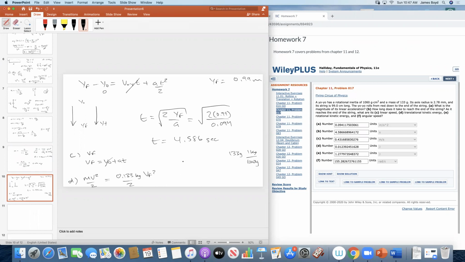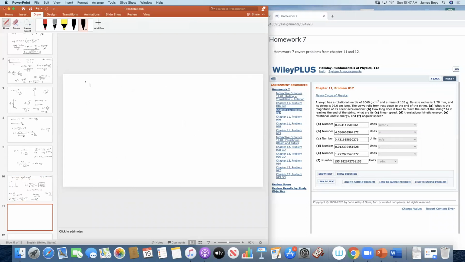When it gets to the bottom, remembering that V is equal to R omega, or omega is V over R, we can find the rotational kinetic energy, which is I omega squared over 2. Now note though, that we were given I as 1060 grams centimeters squared. We need to turn that into kilograms meters squared to get the rotational energy in the proper units to have joules.